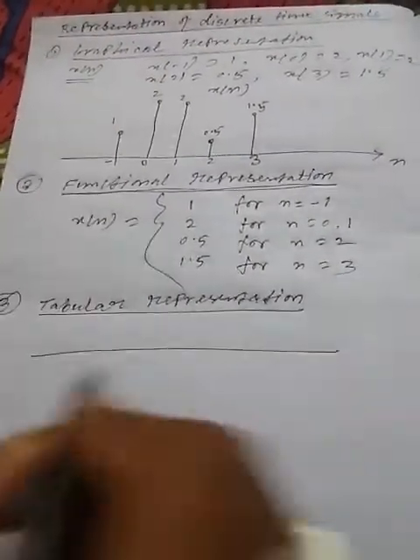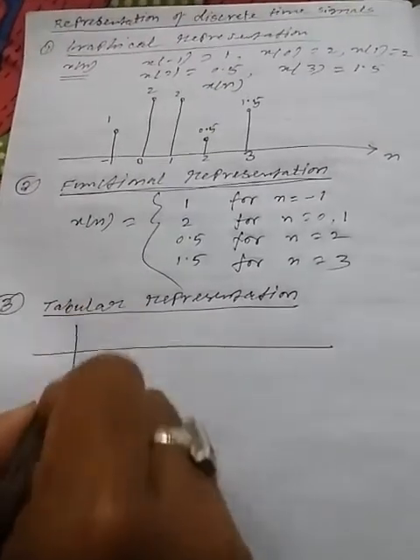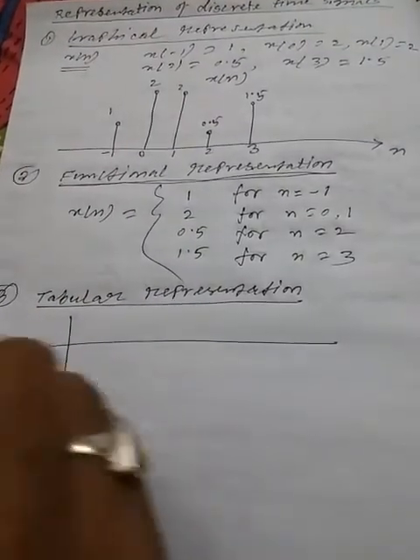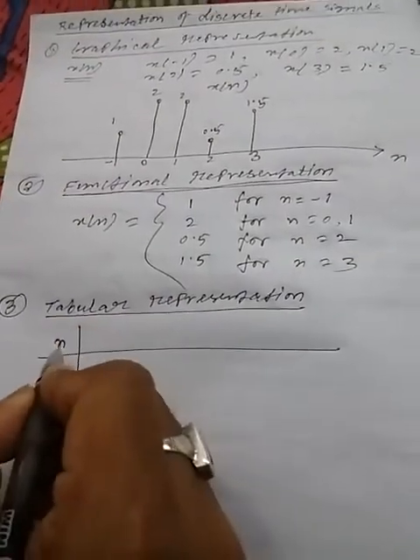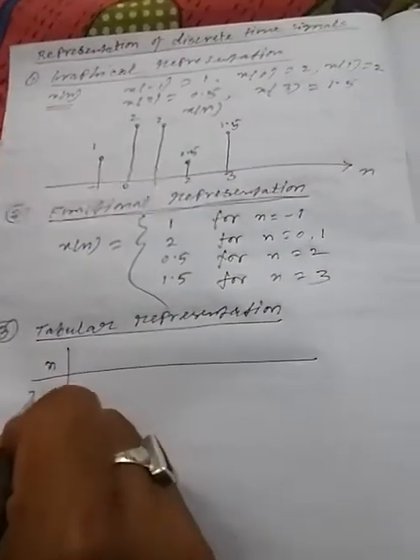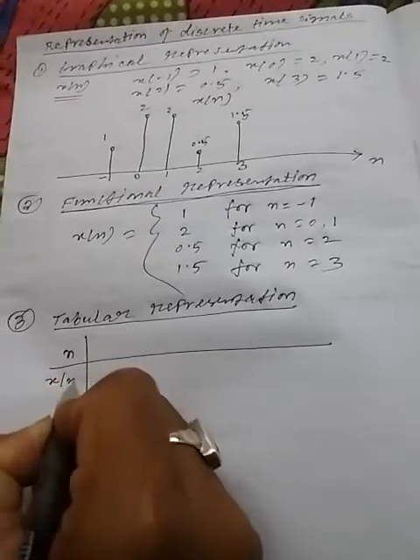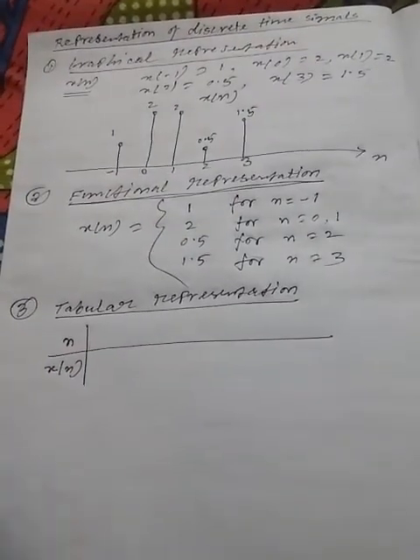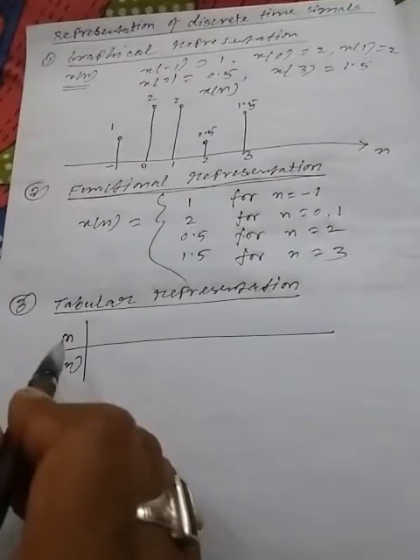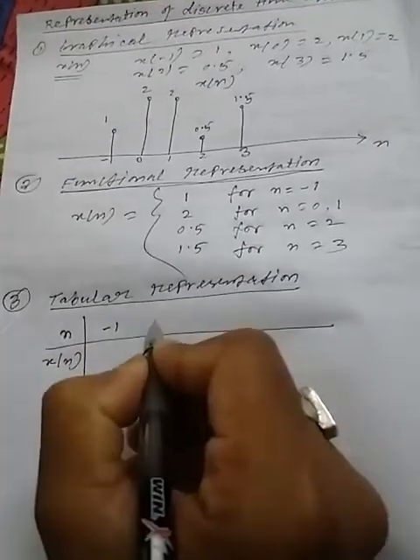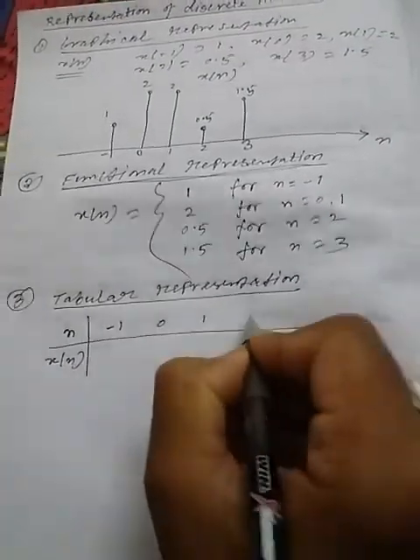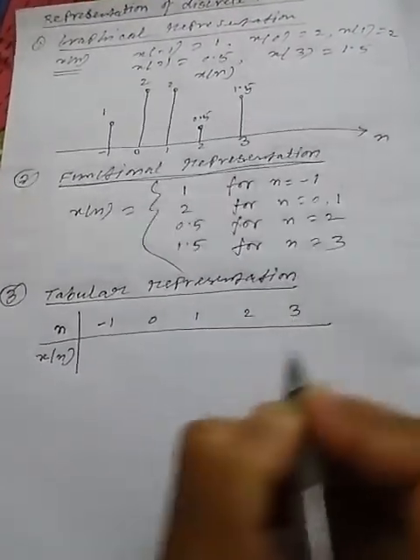You just draw a table here and write n. This is the independent variable and the dependent variable is x[n]. So the values of n are -1, 0, 1, 2 and 3.